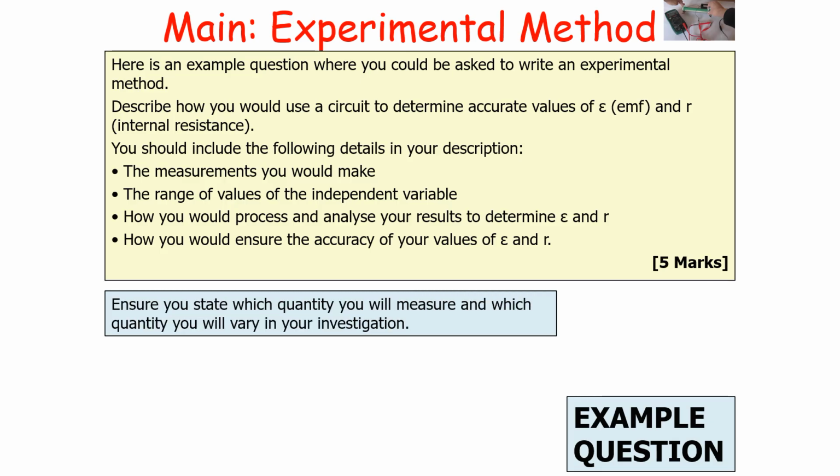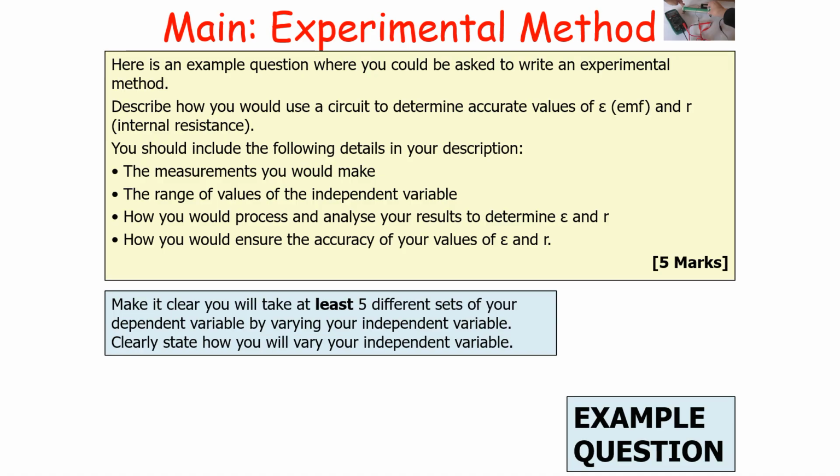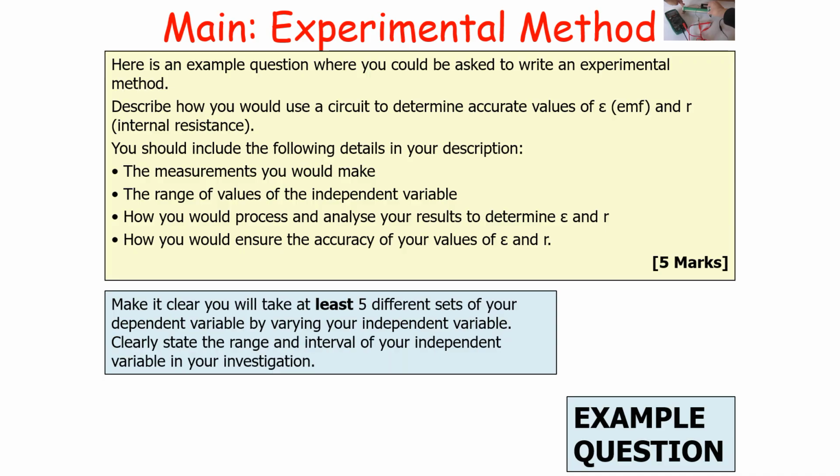Ensure you state which quantity you're going to measure and which quantity you're going to vary in your investigation. Remember to make it clear that you're going to take at least 5 different sets of the dependent variable by varying the independent variable. Clearly state how you will vary your independent variable, and clearly state the range and interval of your independent variable in your investigation.